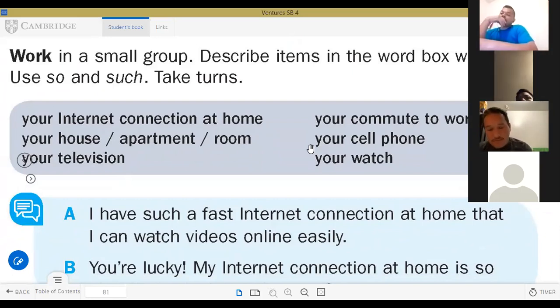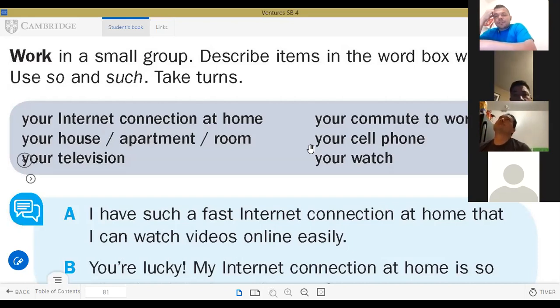All right, so let's make some sentences with these ideas, making some descriptions. David Segovia, can you describe your internet connection at your house? My internet connection at home is so slow.